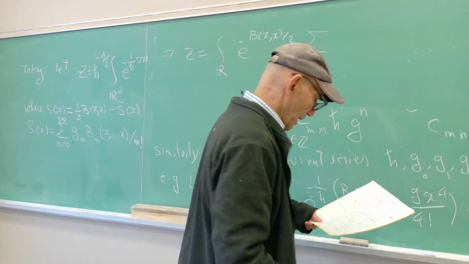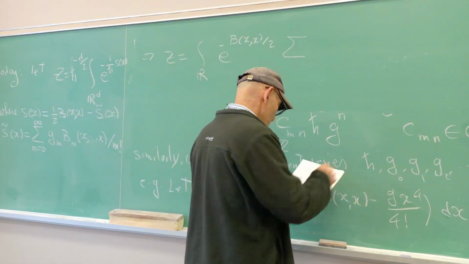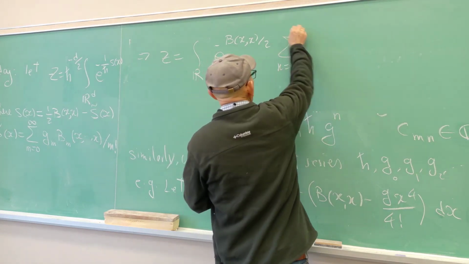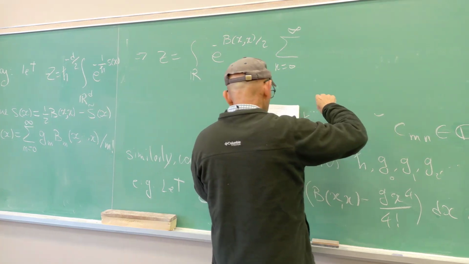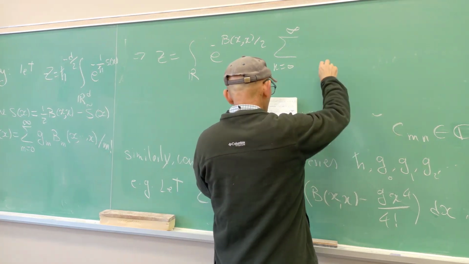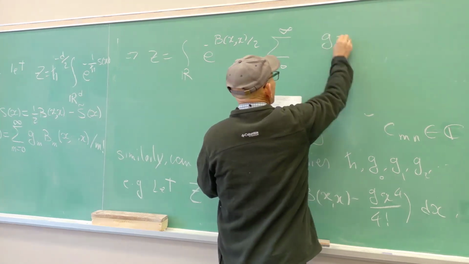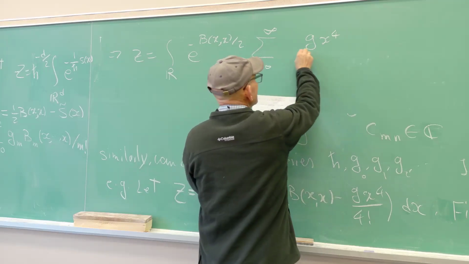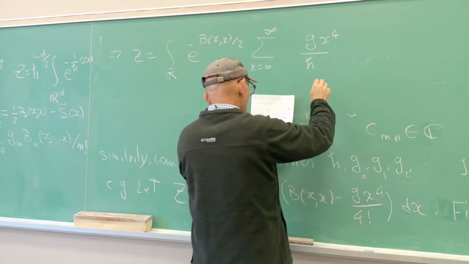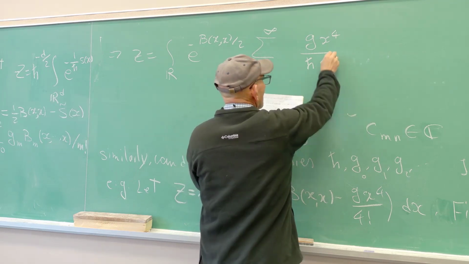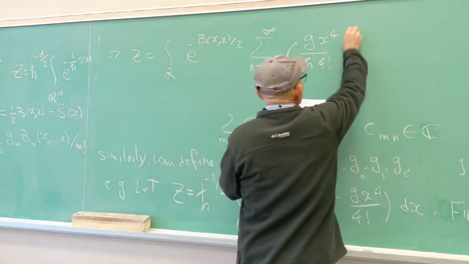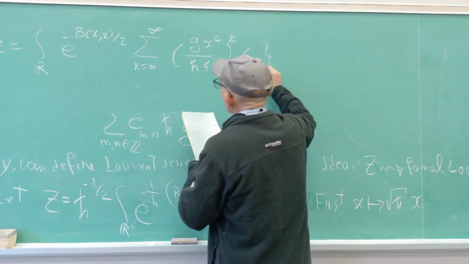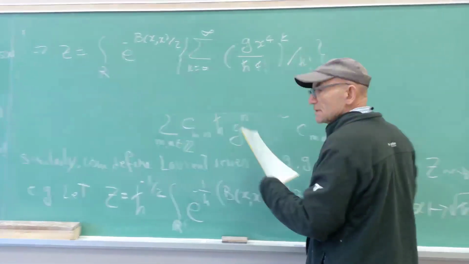That gives me the sum over k from 0 up to infinity of g x^4 over h bar, over 4 factorial, the whole thing raised to the power k, divided by k factorial, with dx here.